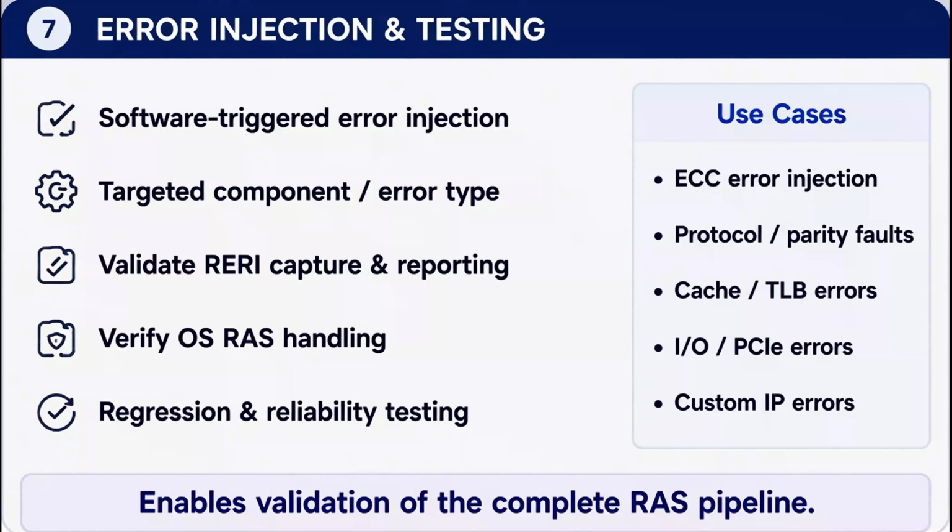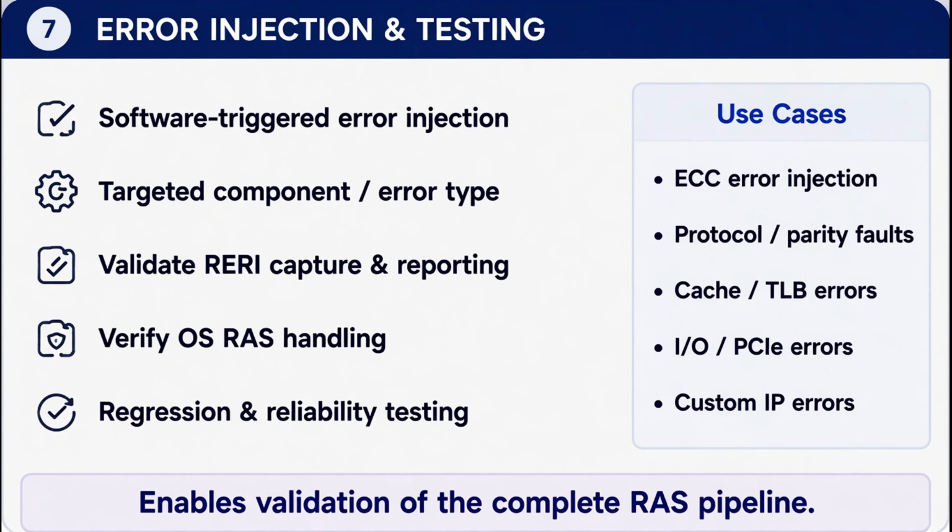The spec includes a built-in error injection mechanism. You write to a control register with a delay value, and when the counter expires, hardware marks a record valid and raises the configured signal, exactly as if a real error occurred. It can be used for ECC injection, protocol or parity faults, cache or TLB errors, I/O errors, custom IP errors.